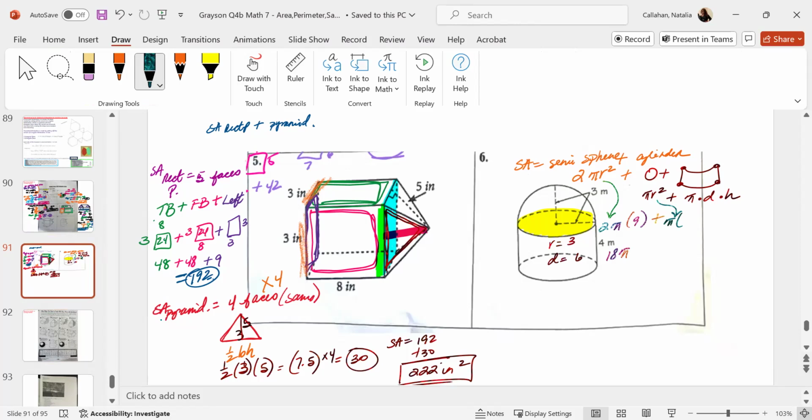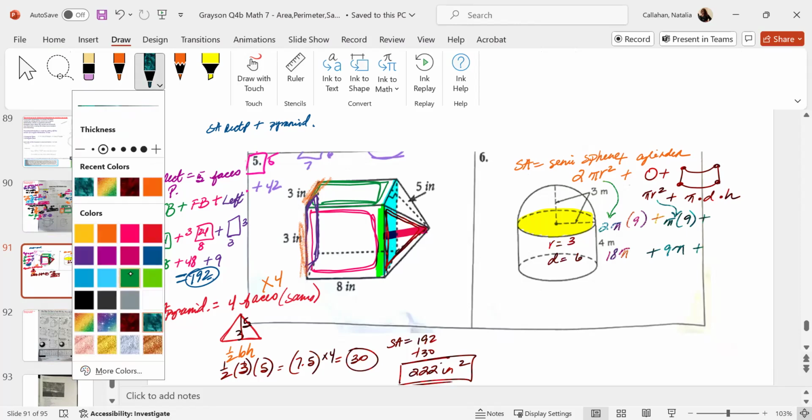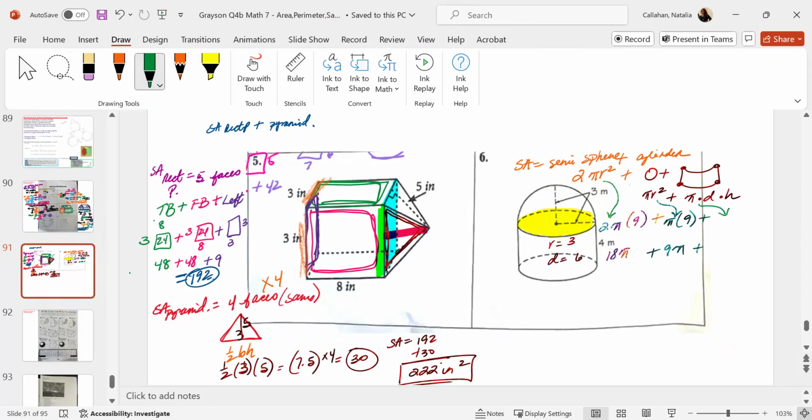Pi times 3 squared is 9, so 9 pi, correct? Plus, then that wraparound thing. Pi times diameter, which is 6. What's the height? 4. So that's 24 pi. Okay, now multiply it together, now add it together.